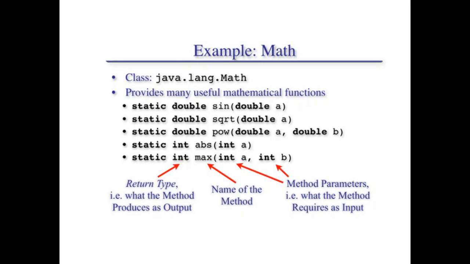Okay, there is one thing more that, as you can see over here, static. We will delve into the details of static as we progress through our lecture, but static means that this method, max or abs or pow or sqrt or sin or whatever method that is made static, can be used directly with the name of the class.